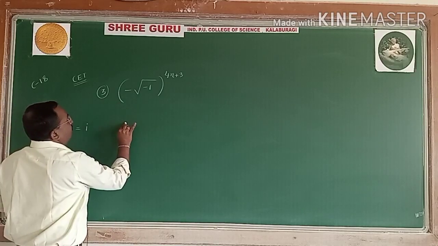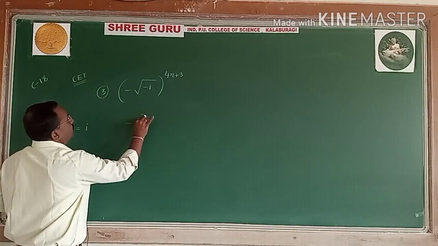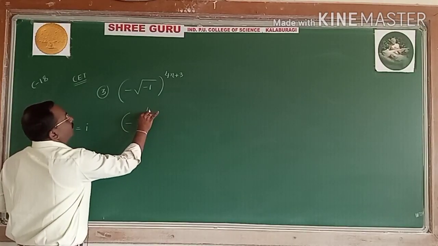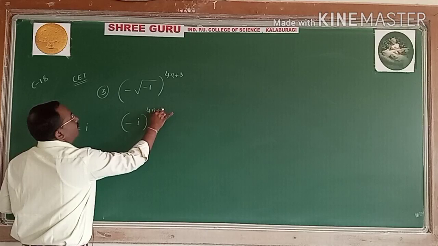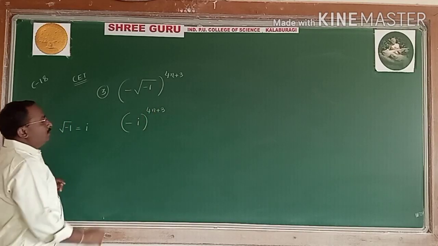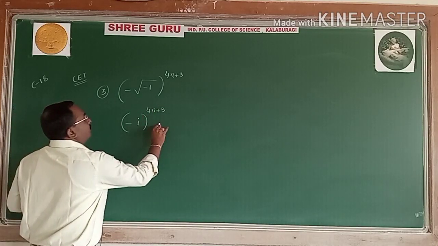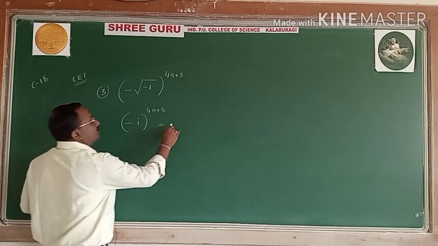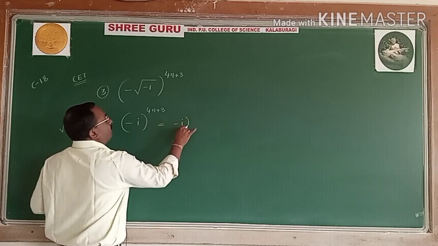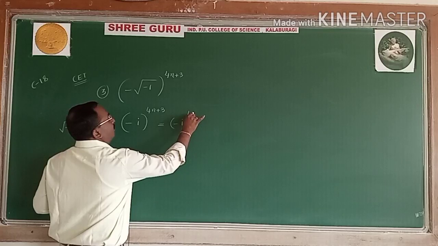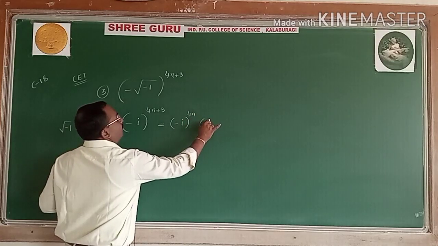That is minus i as it is, to the power 4n plus 3. Do you know this can be expressed as minus i to the power 4n times minus i to the power 3.